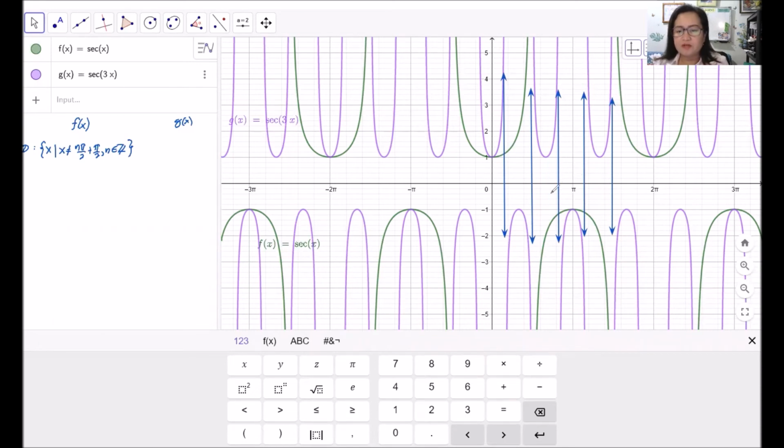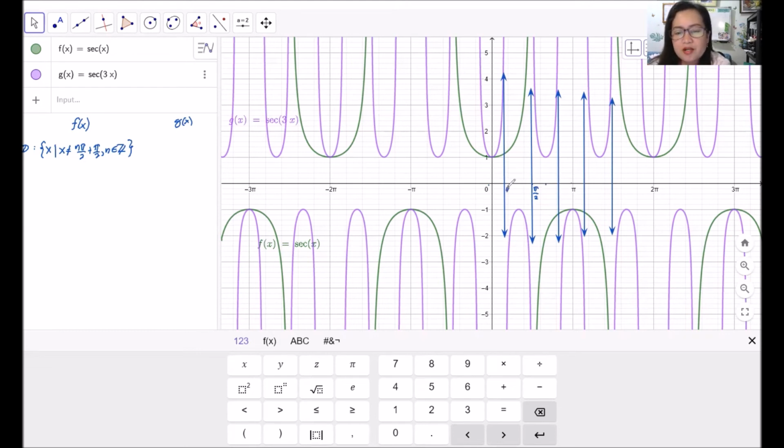Then here we will have pi over 2, because it's midway between 0 to pi.